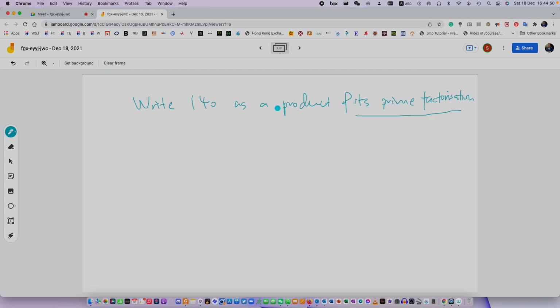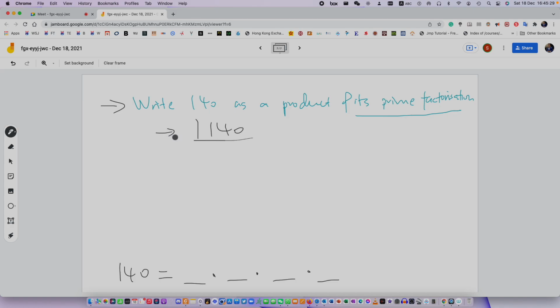It's a method. So basically, the question wants you to find the prime factors. Can you start from here? Ultimately, you are supposed to give 140 equals something times something times something times something. Can you continue from here?